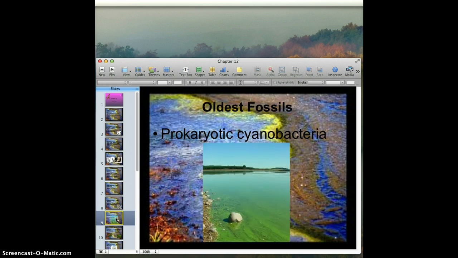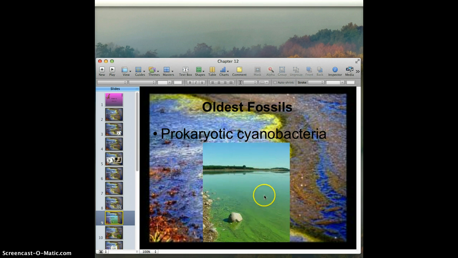Now, the oldest fossils on record, so the first living things, were prokaryotic. If you forget what that means, pro means before, karyo means nucleus. So these guys don't have a nucleus. These are the real simple things, commonly called bacteria. The first ones were probably cyanobacteria. This is a lake filled with cyanobacteria.